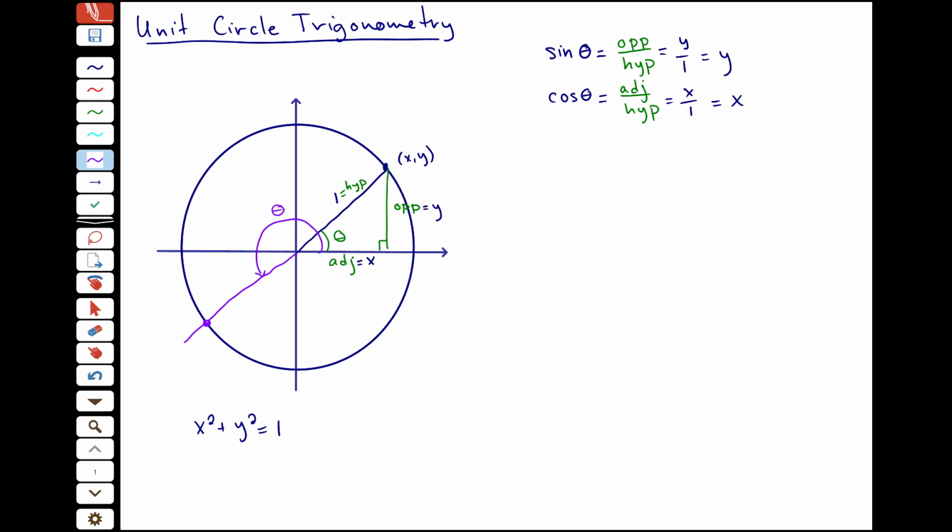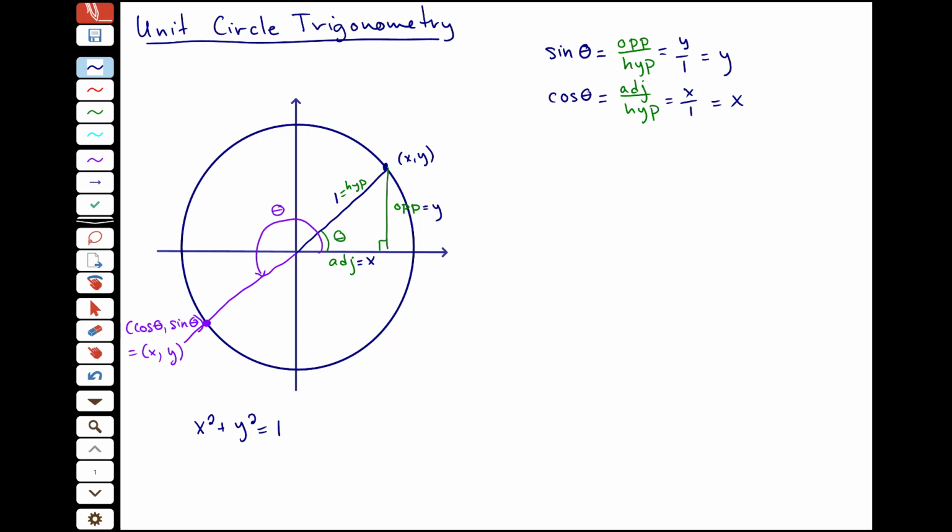And we can look at the x coordinate and the y coordinate of this point, and what we say is that the x coordinate is cosine of theta, and the y coordinate is sine of theta. So again, we define the cosine of theta to be the x coordinate of this point, and we define sine of this angle theta to be the y coordinate of this point.